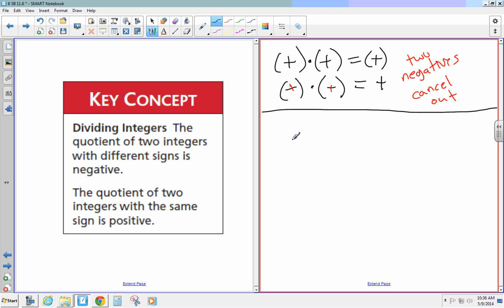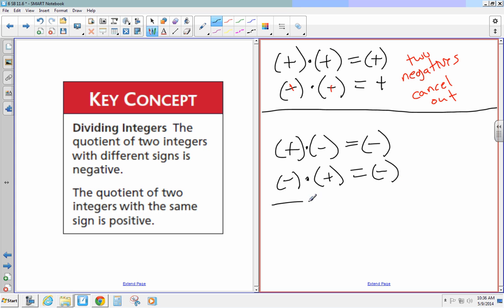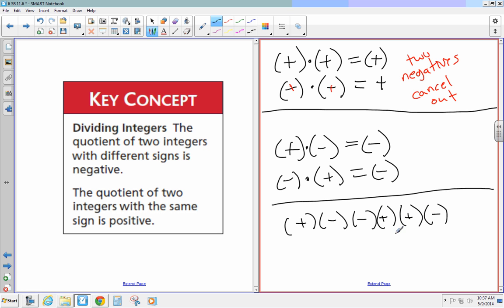If you reverse it and say that one is positive and one is negative, when you multiply, the result is negative. There's only one negative, so there's no canceling out. And it doesn't matter which one is first and which one is second. So you should be able to look at a bunch of different numbers, not even caring what the numbers are.